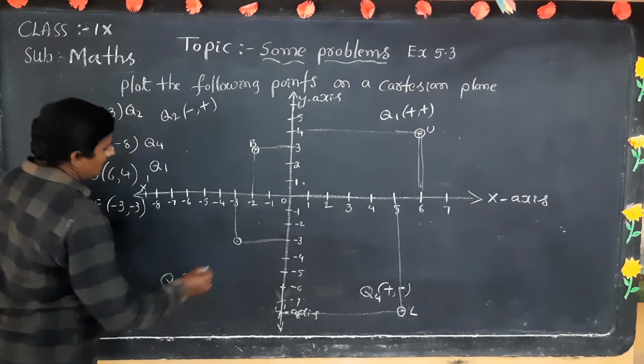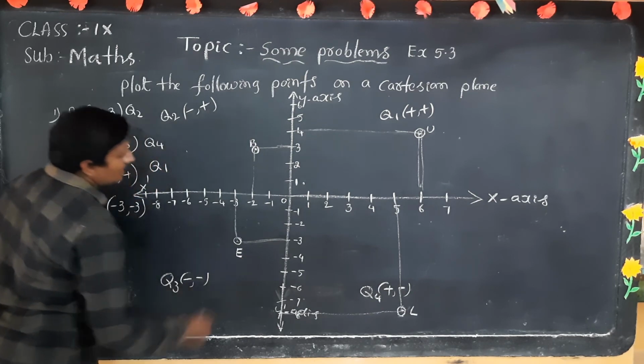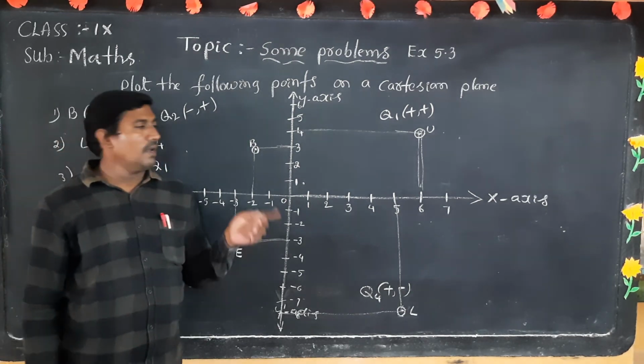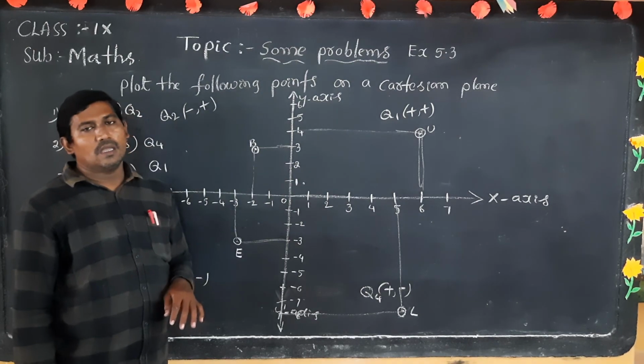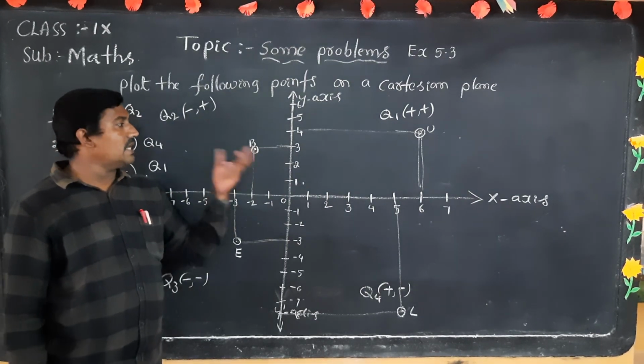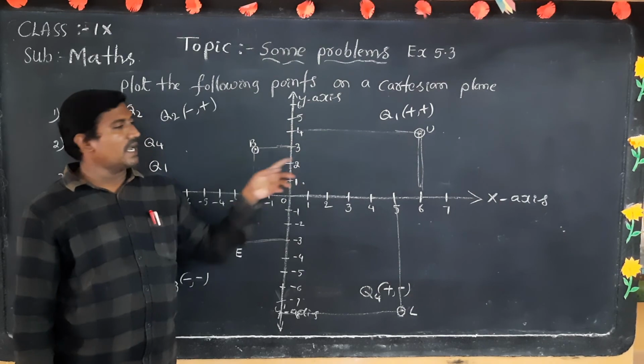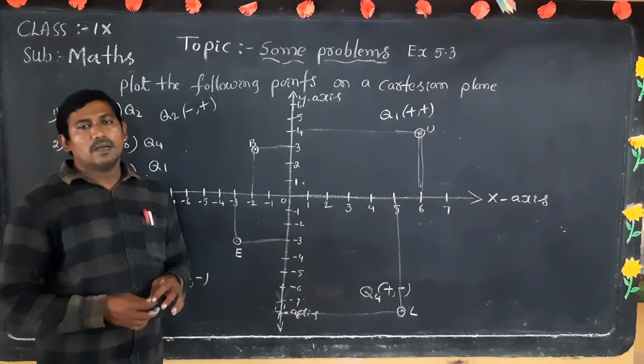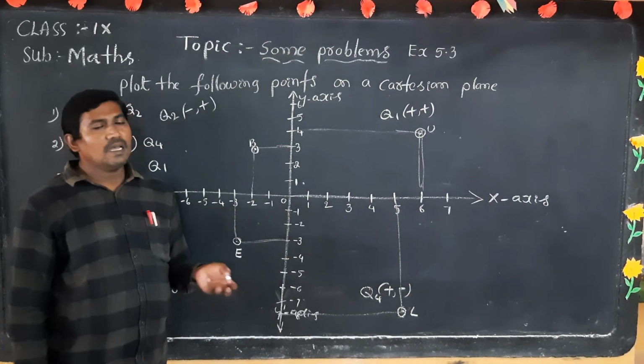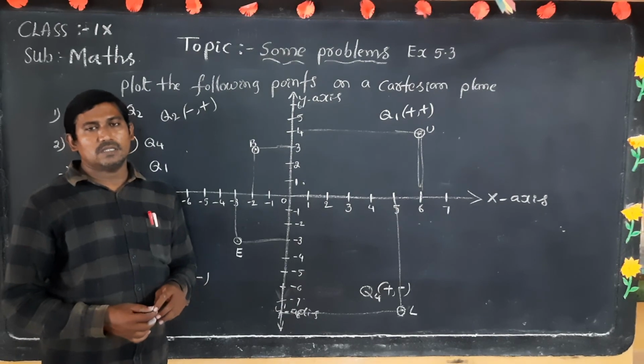This is E. The remaining problems also plot like this only. After that, check which diagram came. After joining all the points, different diagrams come, and we should find the area also. Thank you, students. Thank you very much.